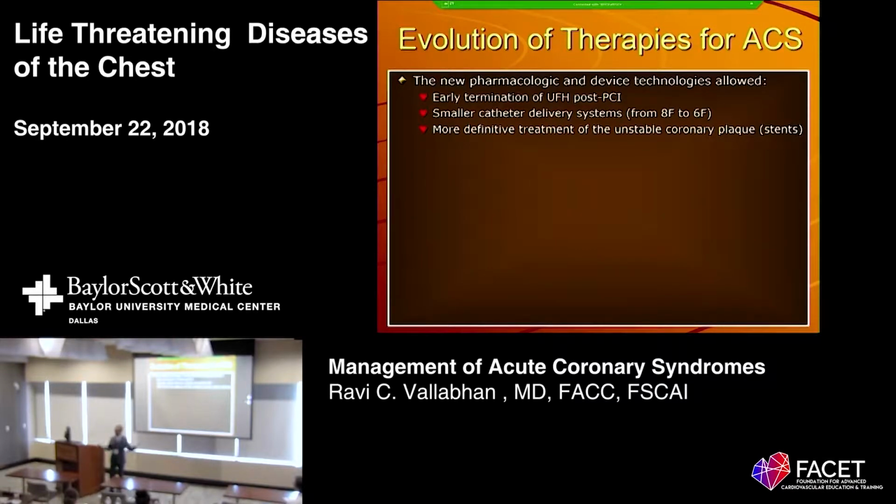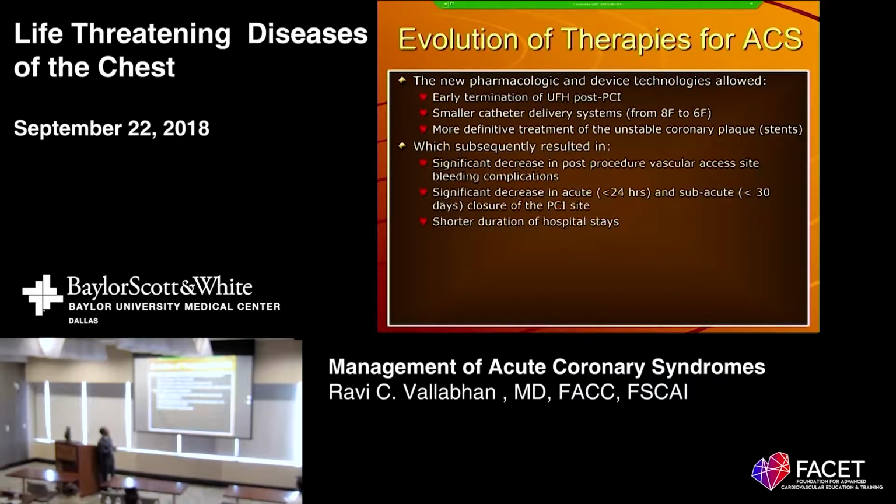One of the problems we had, because we didn't have antiplatelet therapies other than aspirin, was that we used to run heparin with a big sheath in, and you wouldn't believe the number of patients who had vascular complications with PCI. Being able to terminate that made a huge difference with respect to vascular access. We went to smaller diameter catheters, and stenting gave much more definitive results. There was a significant decrease in post-procedure vascular access complications, a significant decrease in acute and subacute closure, and shorter duration of hospital stay.